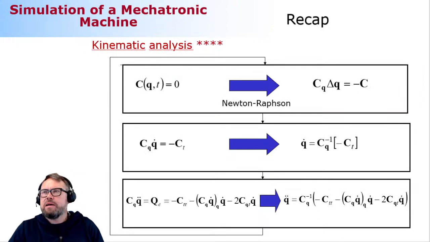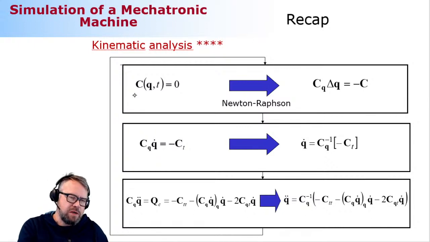Then kinematic analysis. Kinematic analysis you can conduct when you have a 0 degrees of freedom system. And you can conduct that in 3 different steps. Position level is this iterative process that I mentioned in my 9 minute summary.